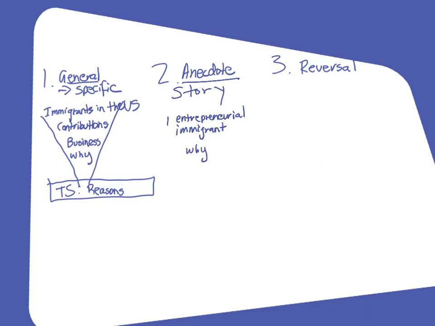Why are so many immigrants like that person in the story? So you always want to make that connection between the story and what comes next, right? Just like the person in the story, so many immigrants are entrepreneurial. And why? Why is that? And that again brings us to our topic sentence. In that case, it was about reasons that immigrants are entrepreneurial, like we said.